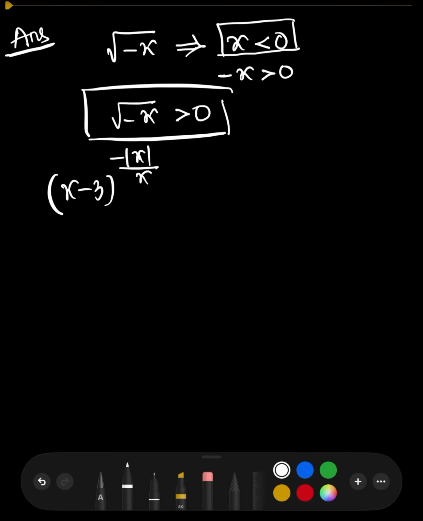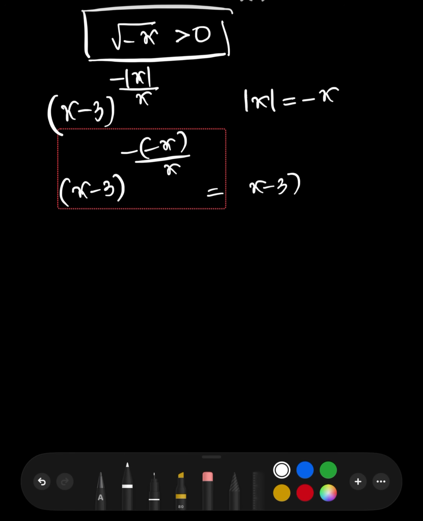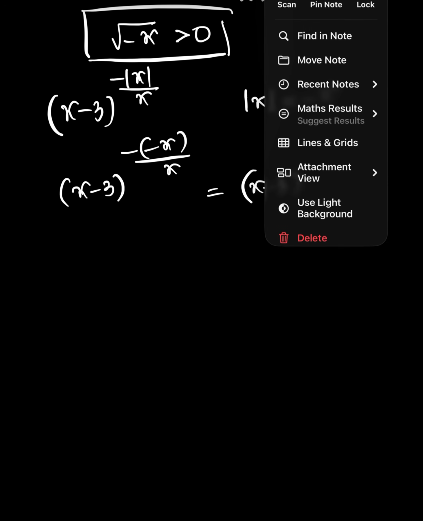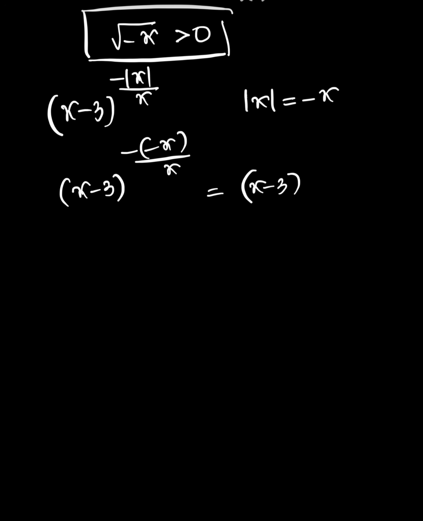Because x is less than 0, |x| is equal to minus x. So we can rewrite this as (x minus 3) to the power of minus of minus x by x, which gives plus, so the result is x minus 3.